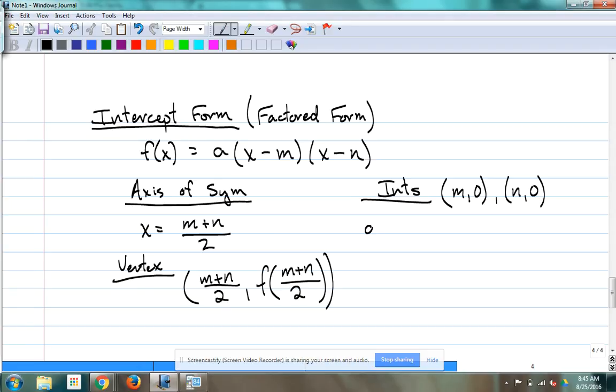When you set A times (x minus M)(x minus N) equal to 0, you set x minus M equal to 0 and x minus N equal to 0. That changes their signs. If they were positive to begin with, they become negative. It just swaps the sign on them, and those are the x-intercepts.